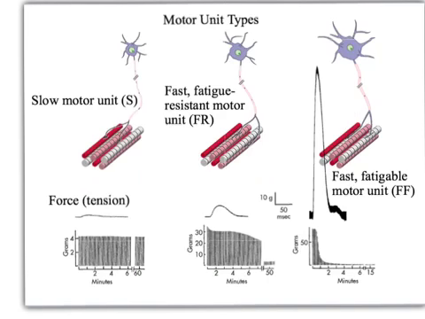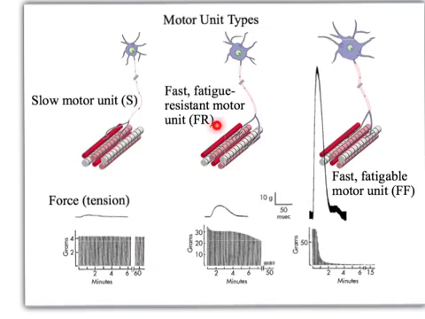So what are the different motor unit types? You have a slow motor unit, which means low force, a slower contraction speed, but highly fatigue resistant, so it can stay active for a long period of time. So it's slow onset, slow contraction speed, but enduring.